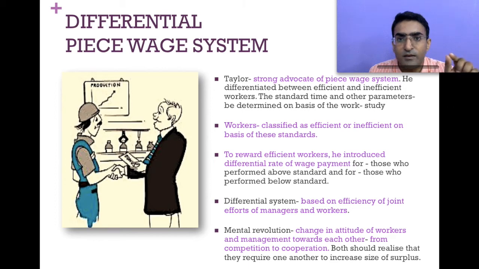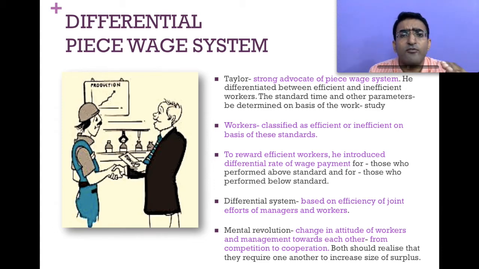With all his studies and everything that we discussed in the previous lecture, he was able to identify the workers on the basis of their performance, because he had established some standards. Those standards help to place a benchmark. To reward the efficient ones, he came up with this concept of differential piece wage system.